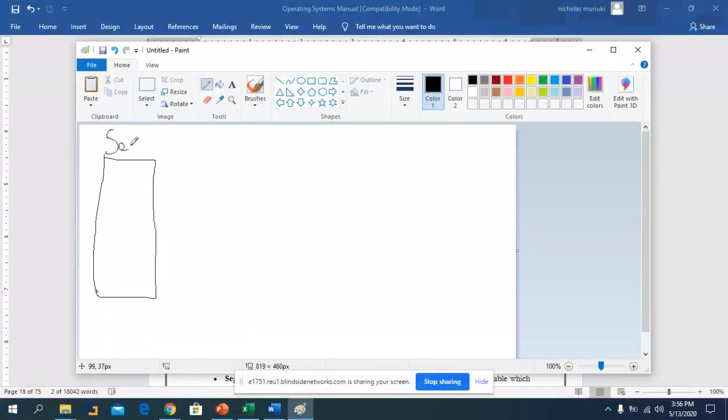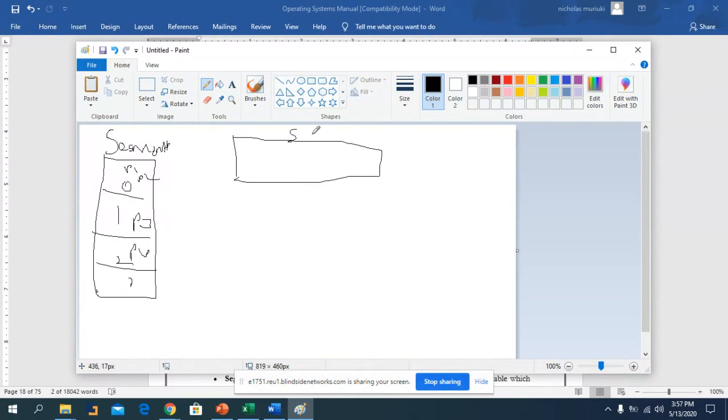You come up with segments, maybe segment 0, 1, 2, 3, where we have said we can store process 1 here, process 2 here, maybe process 3 here, process 4 here, etc. Then I require the segment table, which should have the segment number, and it should have the size.